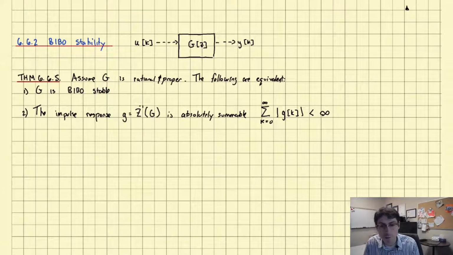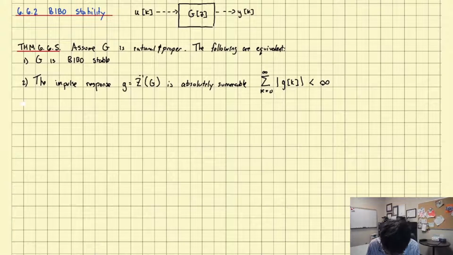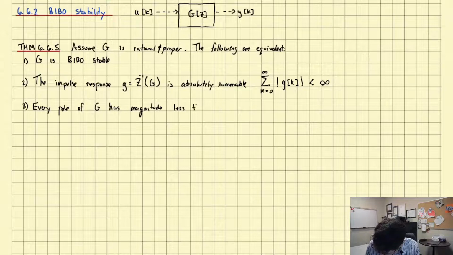Okay, you take that impulse response and you add up the absolute value for every time, you get a finite number. Or another equivalent one is that every pole of G has magnitude less than 1. Okay? So very much analogous to what we saw for continuous time systems.